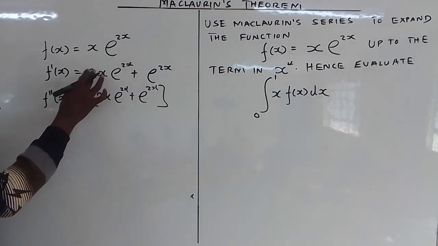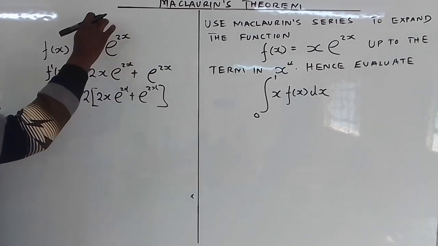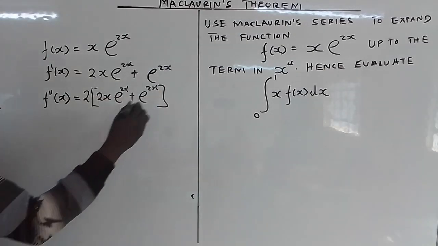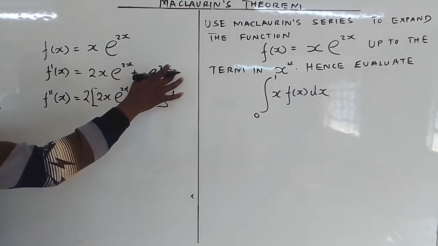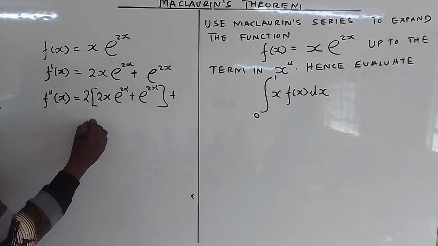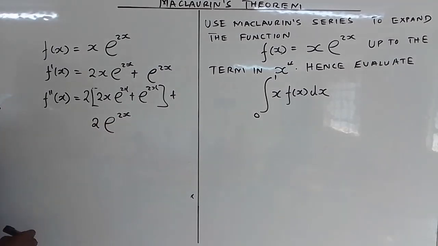Because when you factorize this 2 outside, you remain with x exponential 2x, and if you differentiate it, you get the whole of this. Then plus, you differentiate this term: if you differentiate exponential 2x, you get 2 exponential 2x. So can you open the bracket?